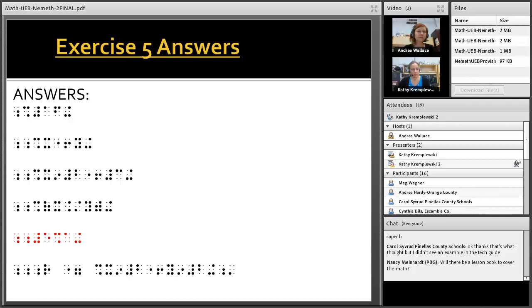Okay, so the only thing I really wanted to look at on this one was that one in red, the 5 square root of A. This was an example I took from the workshop with Dr. DeAndrea and Dr. Holbrook, and that's how they had it written as correct, with the 2 grade 1 word indicators, then number sign 5, square root A, closed square root.